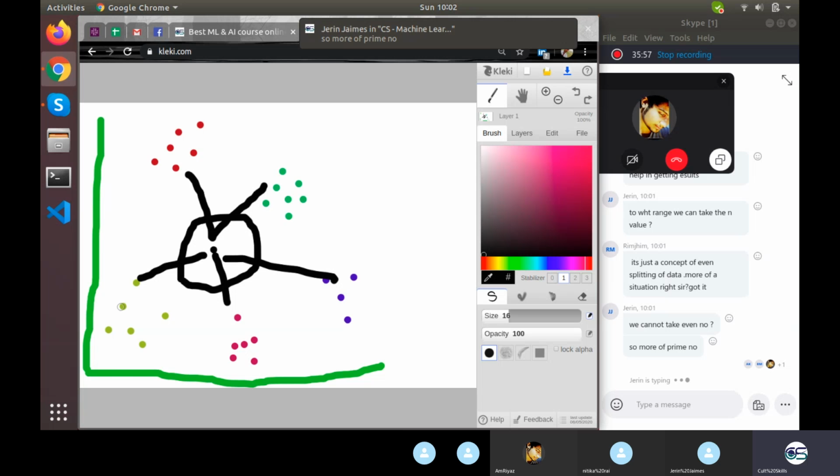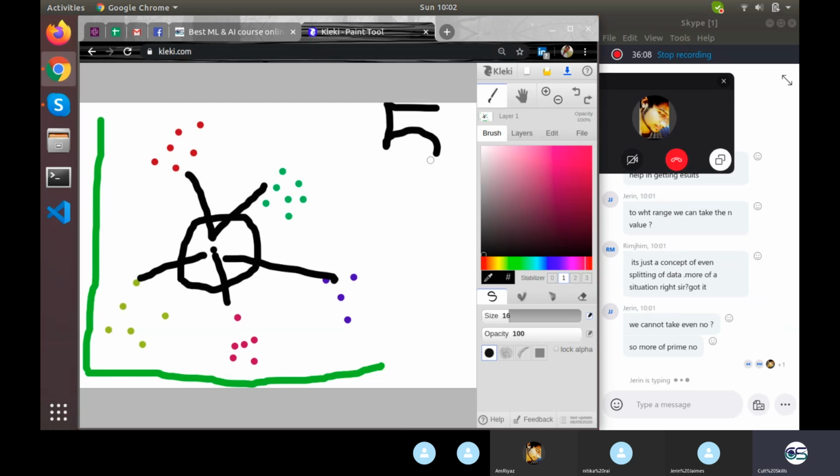More of a prime number, yes, exactly. See, the number of classes you have, all the numbers up to that count. So these are 5 classes, so you can take 5 firstly. That again will put you on balance. You cannot take 4 because it is an even number and it will put you on balance. 3, 2, 1 as well. More than 5, you can take anything which will not be a multiple of 2, 3, 4 or 5.